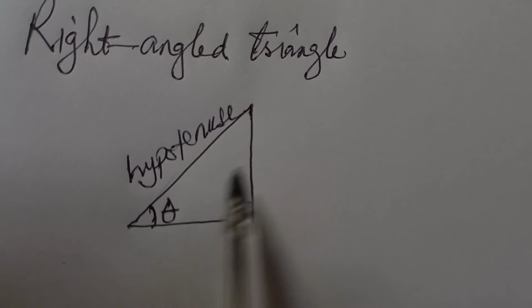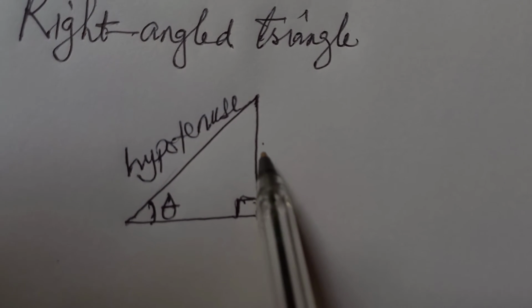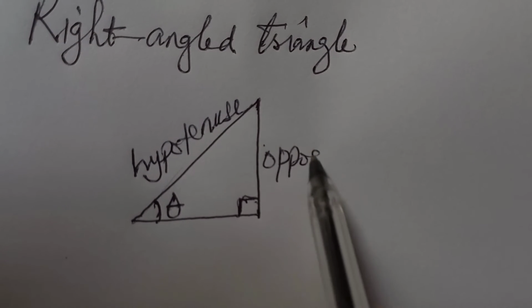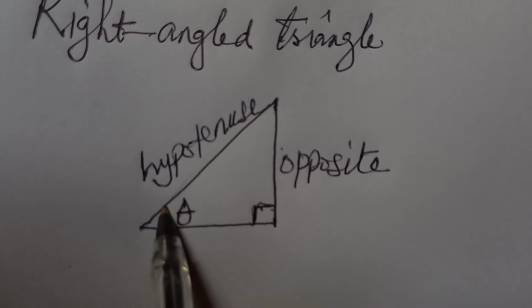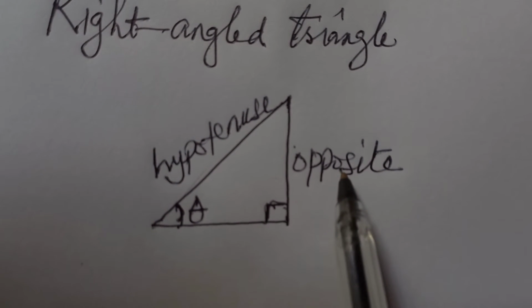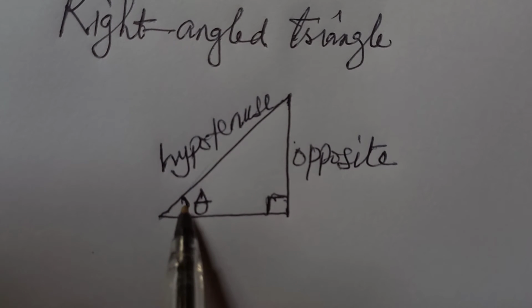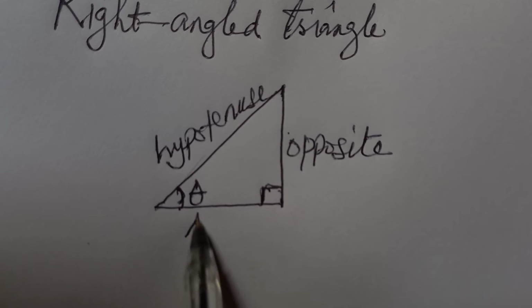This side that is facing this angle theta is what we call the opposite. You need to take note of that. Any side facing this angle theta is the opposite, and the side that lies between this angle 90 degrees and theta is the adjacent.